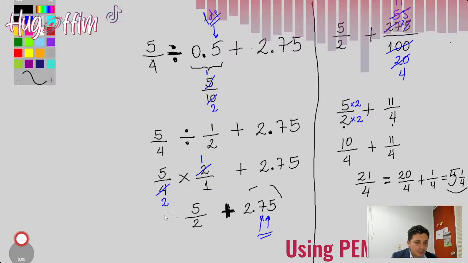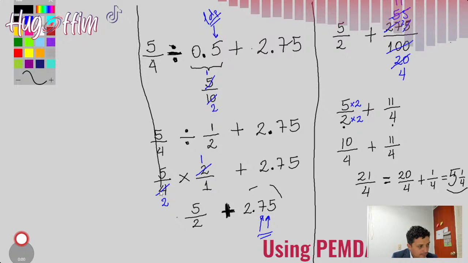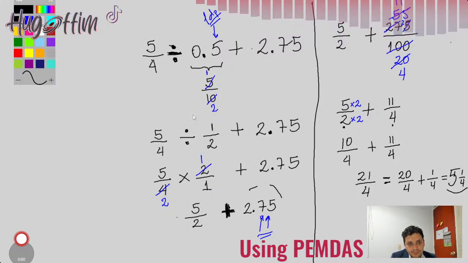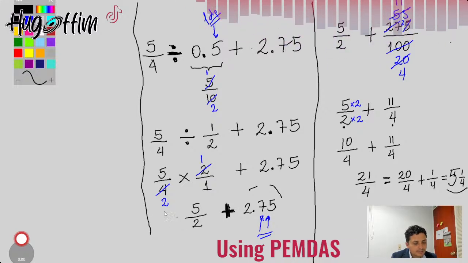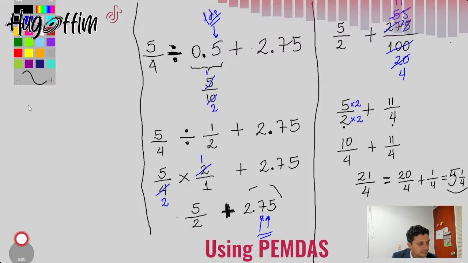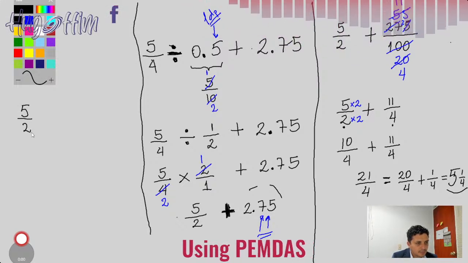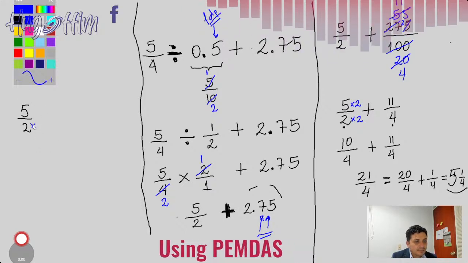If you want to do it as decimals, I'm going to go to the left. So 5 halves as decimals. I want to put it as decimal. If I want it as decimal, I need to multiply 2 to get a power of 10.